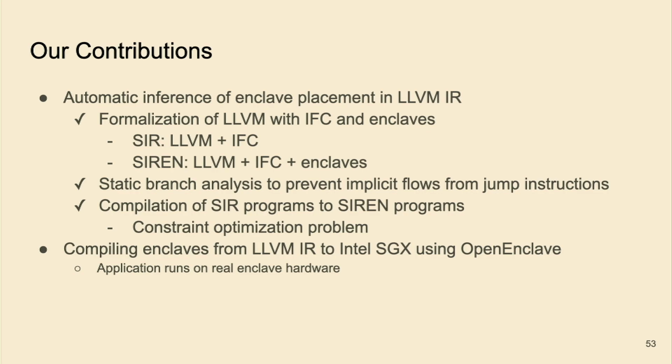Yeah, but your compiler might decide to place part of the program's memory outside the enclave. Now this memory can be corrupted by the attacker. How does this come up in your proofs, or in your guarantee of information flow control?